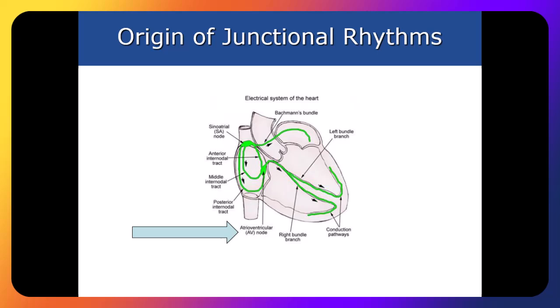Now, when we are dealing with rhythms arising from the junction or the AV node, in your opinion, what would be some causes of that? Why would we see the junction becoming the dominant pacemaker of the heart?